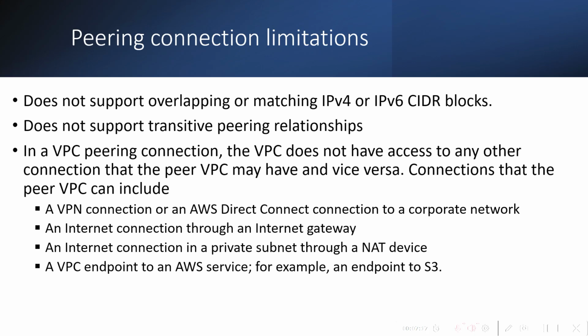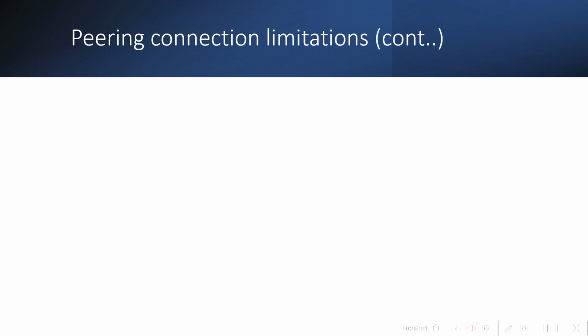That means if VPC B is peered with VPC C, then it doesn't mean VPC A will automatically get peered with VPC C. Also, if VPC B is connected via Direct Connect to a corporate network, VPC A cannot use it, nor the internet gateway of VPC B, nor an internet connection in a private subnet through a NAT device, or a VPC endpoint to an AWS service, for example an endpoint to S3. They will not share the connections.